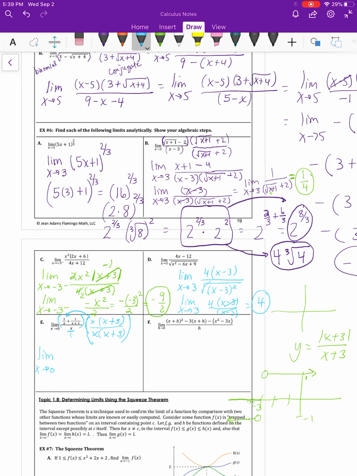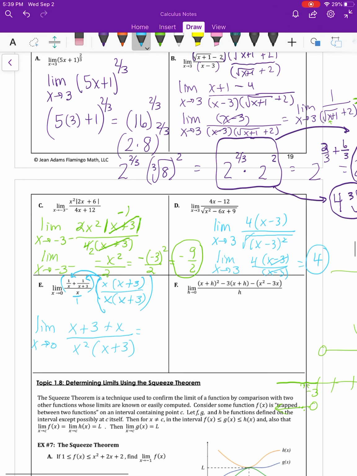When I distribute here, my x plus 3's cancel, and I just get x. And then here, I'm going to have x squared times x plus 3. So limit as x goes to 0, this is going to be 2x plus 3 over x squared times x plus 3.